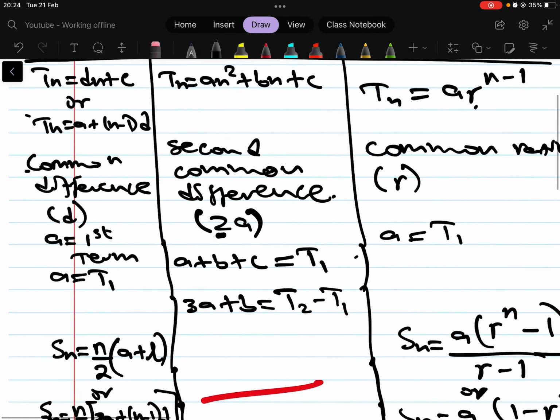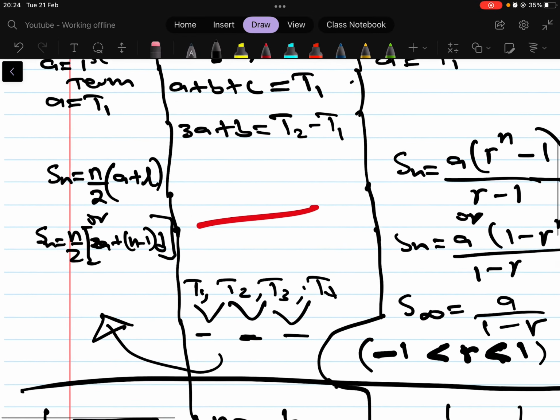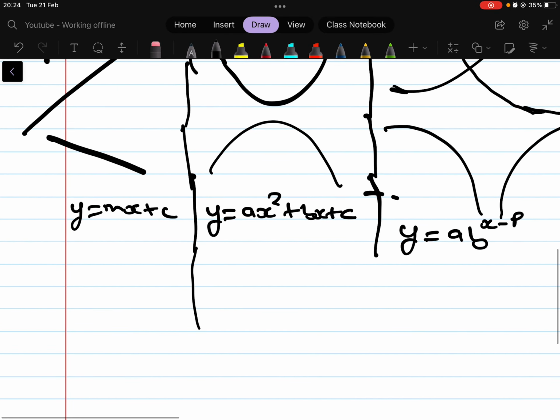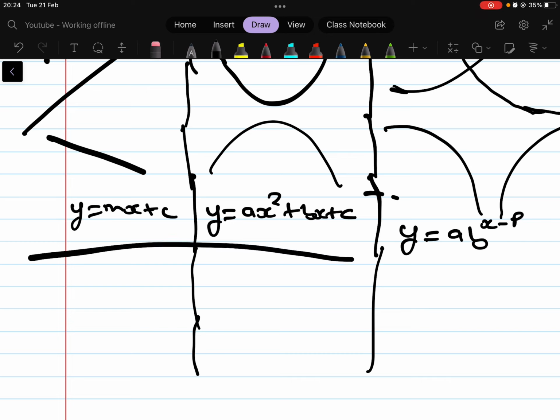One other thing I wanted to do is to also talk about sigma notation. When we represent a number pattern or a series in sigma notation, we are basically using the symbol for sigma, putting the general equation there, and then indicating that this equation starts from when n equals a certain number and ends at another number.